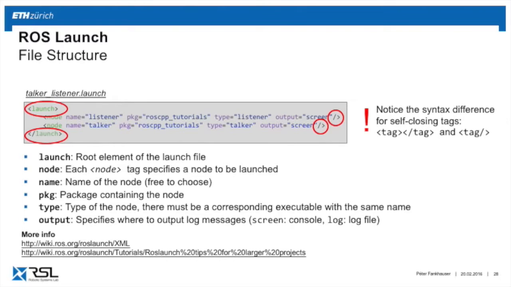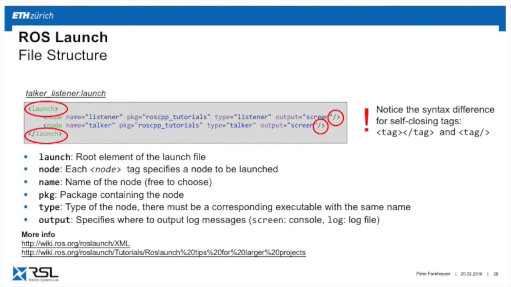Now, if we look at this listener and talker launch file, this is how it looks. You have a launch XML tag at the bottom and the top, and then you see that we have two lines to start the two nodes. Each node tag line specifies which node to run.